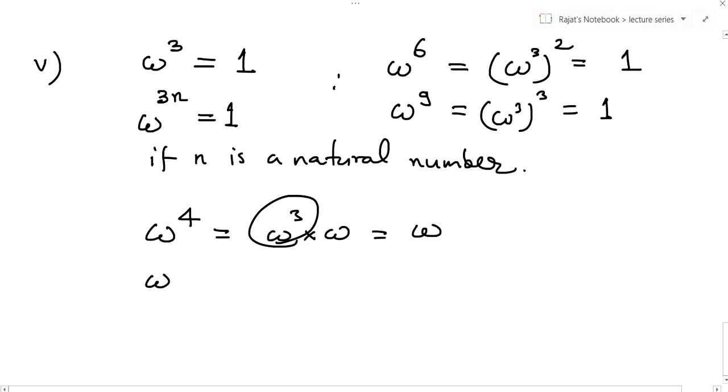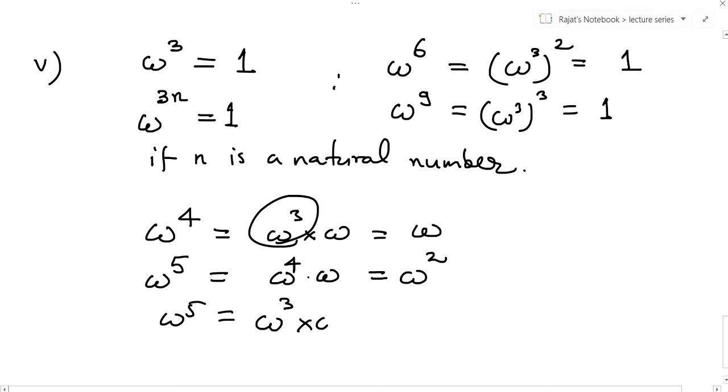Similarly, if I ask you what is omega to the power 5, there are two ways. I can write it as omega to the power 4 into omega, and omega to the power 4 is nothing but omega, so omega into omega is omega square. Or I can say that omega to the power 5 will be omega cube into omega square, and again omega cube is equal to 1, so this is omega square.